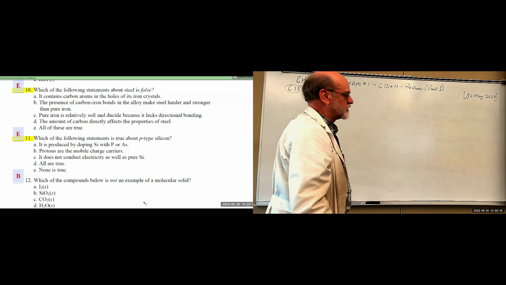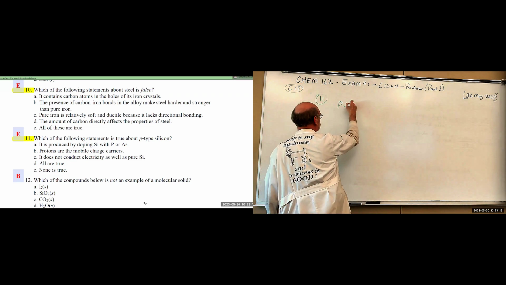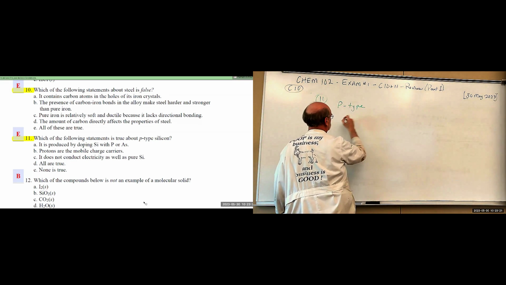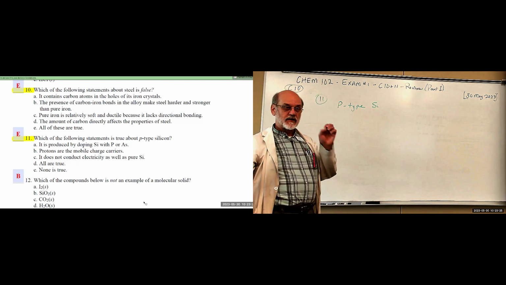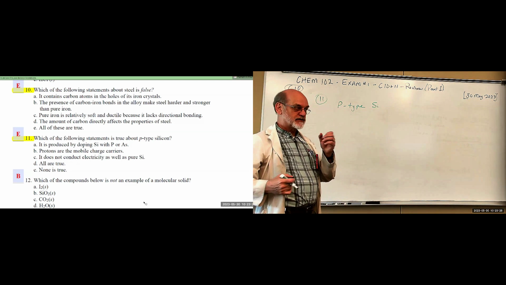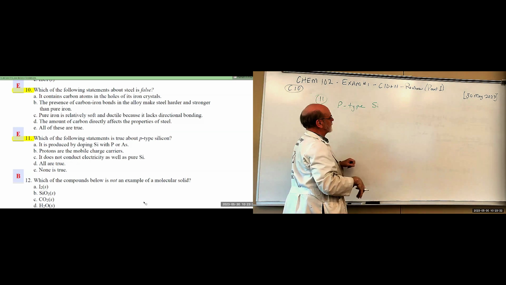Which of the following statements is true of a p-type silicon? p-type silicon. What do we mean? If you have pure silicon, you have a certain number of valence electrons surrounding the silicon atoms.